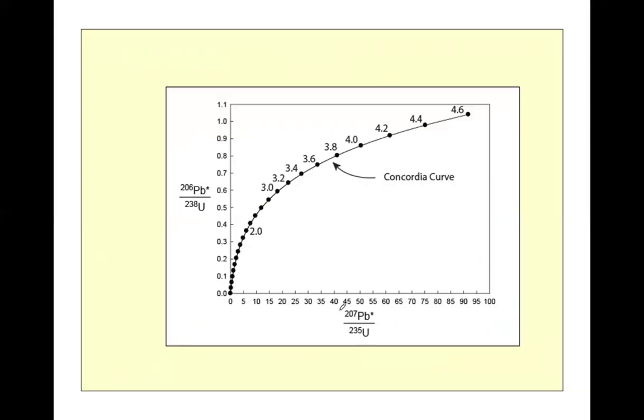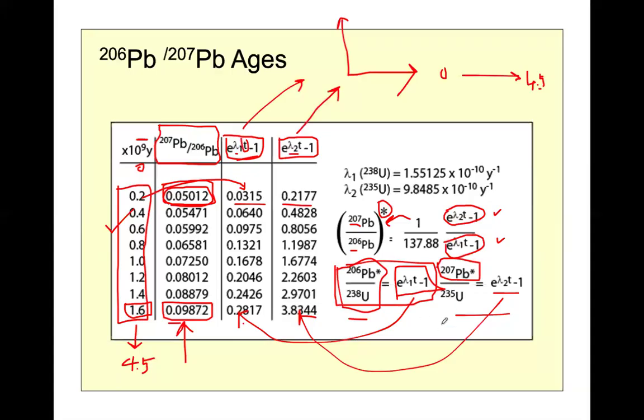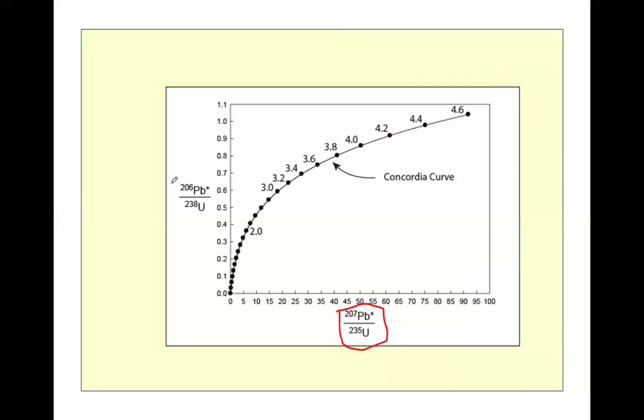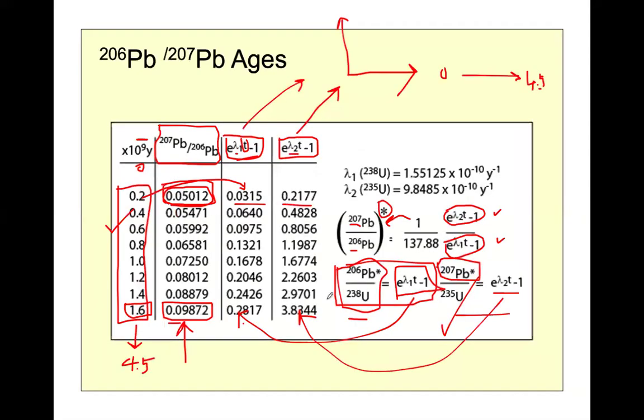Okay, so that graph will be like here. So you can see 207, 235, right? That means this one. And you have 206, 238 here. That means this one. So these two are now plotted here. So you are getting a curve like something like this, right?